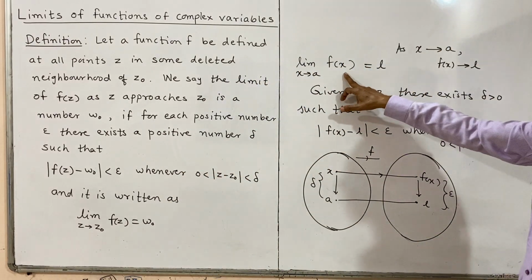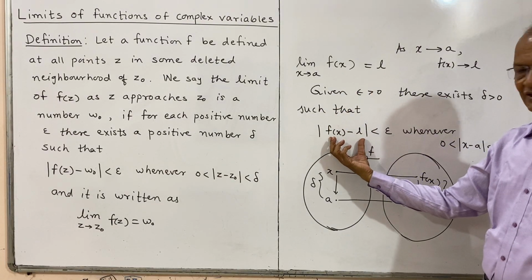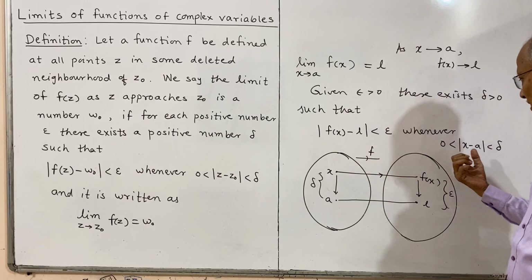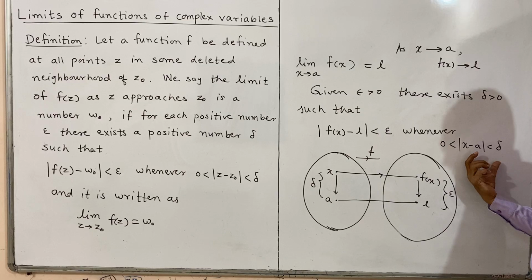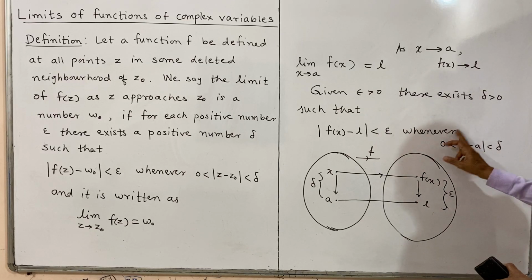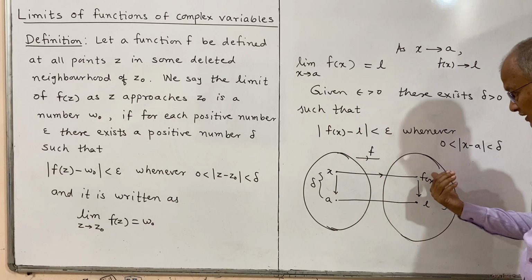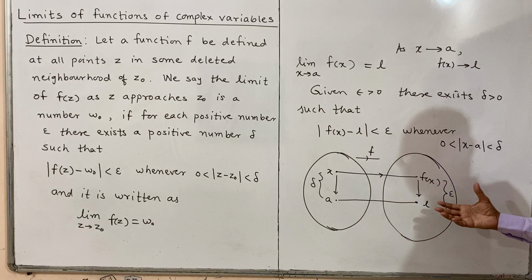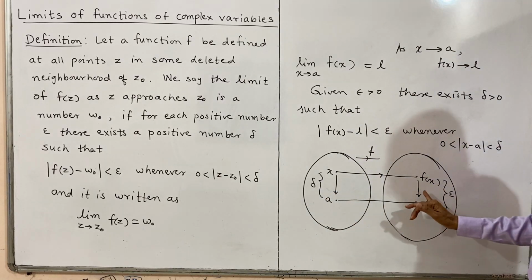Here the function is denoted by f of x and the limit is L. The absolute difference of f of x and L is less than epsilon whenever the absolute difference of x and a is less than delta. That means when x is close to a, then its image f of x will be close to L. And here delta depends on epsilon and the function.